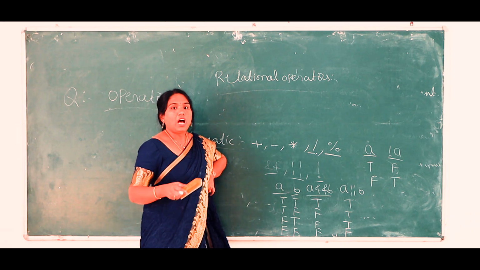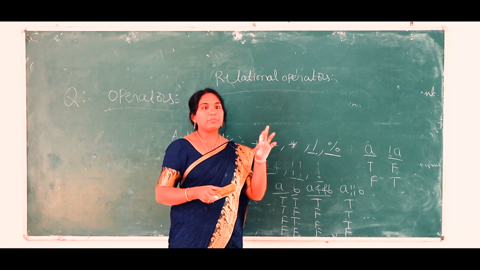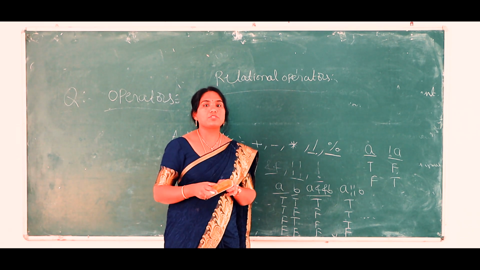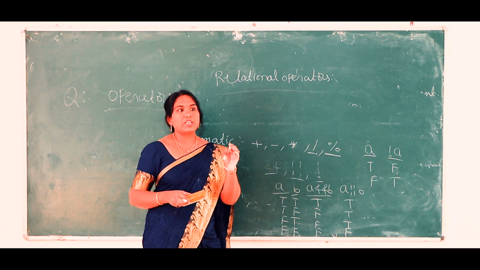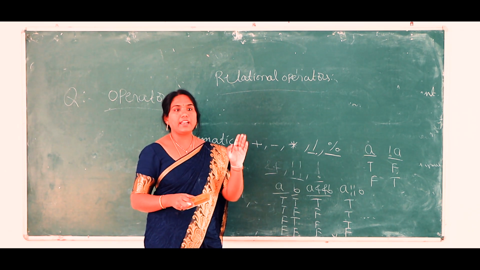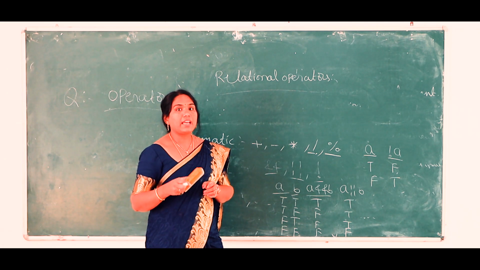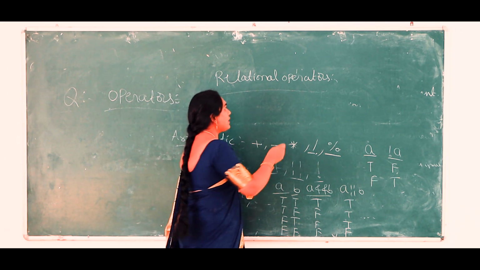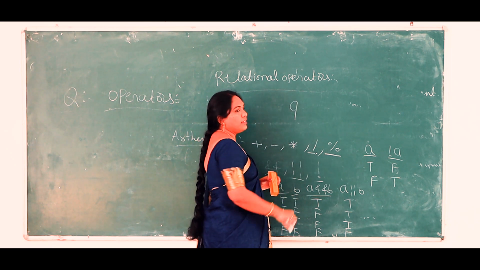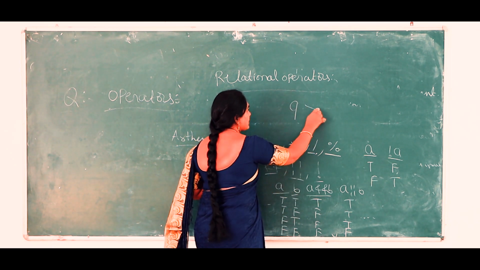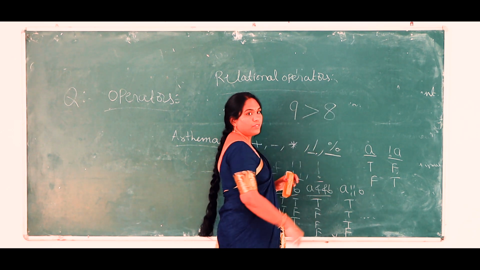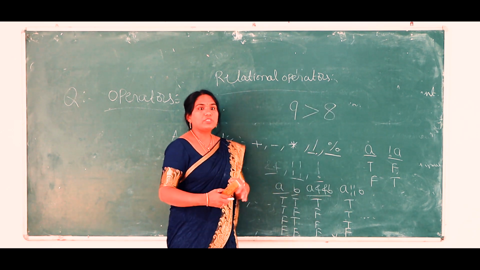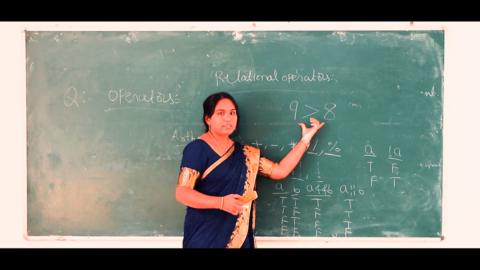How do you know the relation between two values? For example, I ask you, which one is the largest number in the given list, 8 and 9? 9. And how can you represent it in a symbolic manner? 9 is greater than 8, right? I am using a symbol to give the relation between the two numbers.